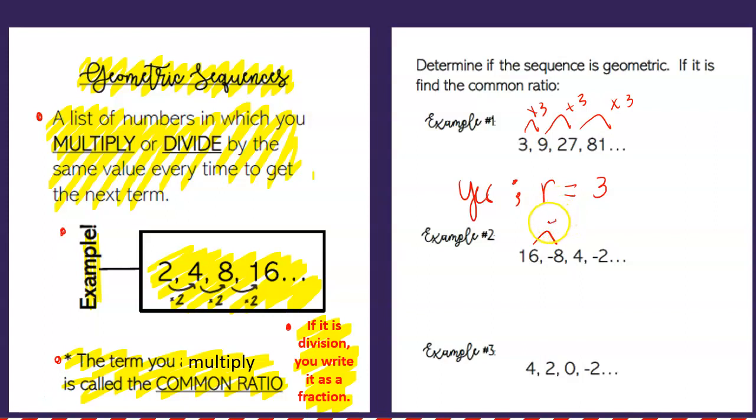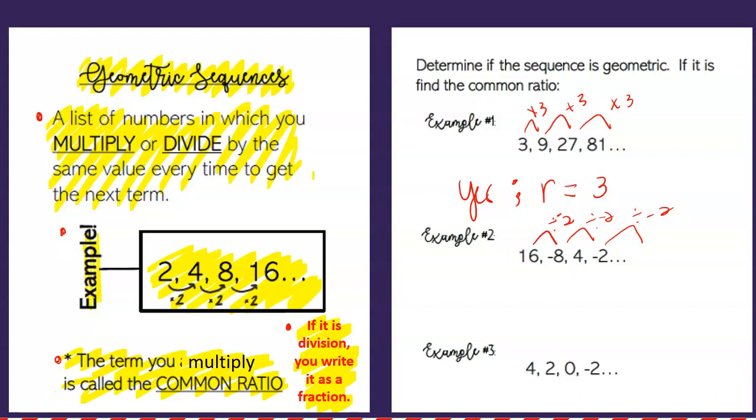That would be divided by 2. But I went from positive to negative. So in order to do that, I would have to be dividing by a negative 2. So then negative 8 divided by negative 2 would give me a positive 4. So negative divided by negative makes a positive. Positive 4 divided by negative 2 would give me negative 2.